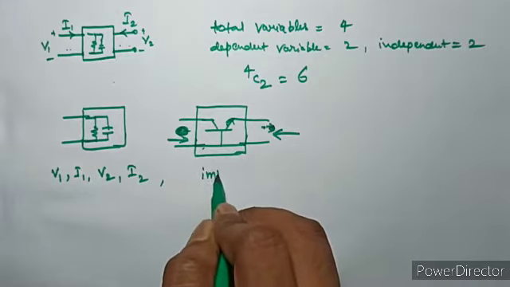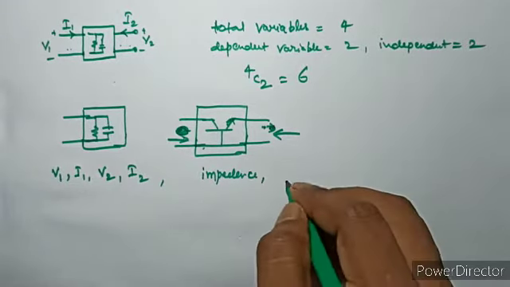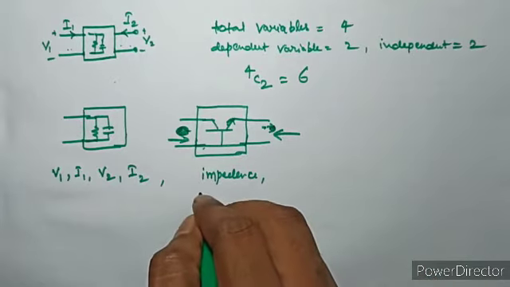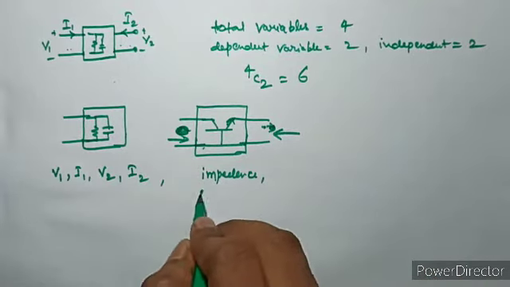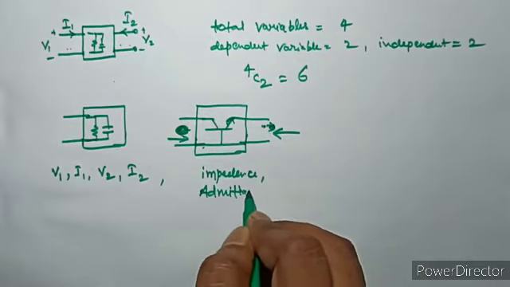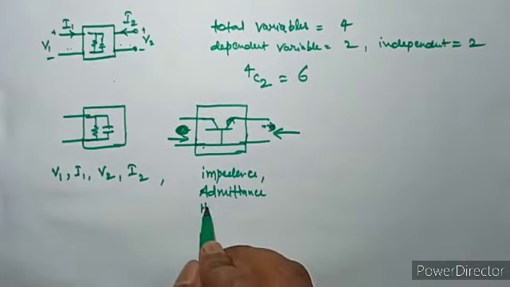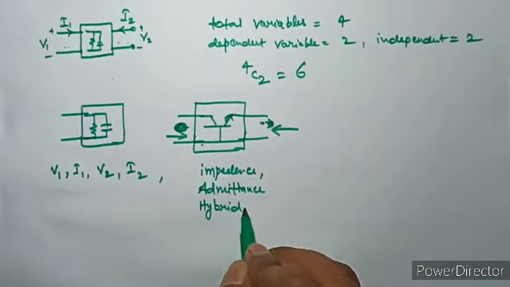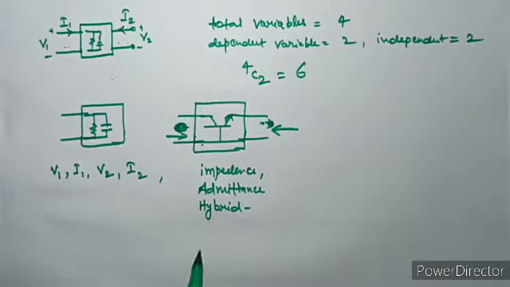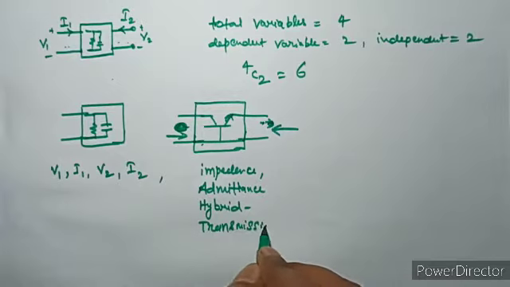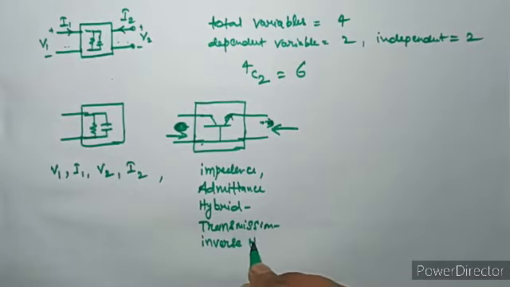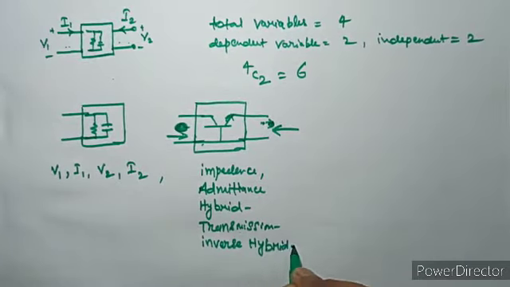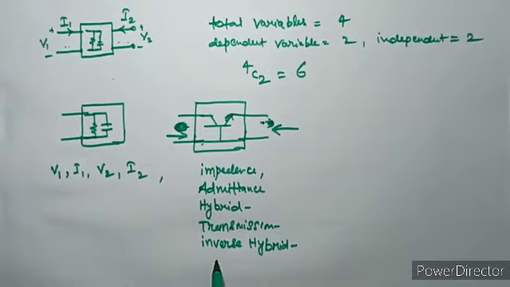One will be impedance, second will be the admittance parameter, third will be hybrid parameter, fourth will be transmission parameter, fifth will be inverse hybrid, and the sixth will be inverse transmission.